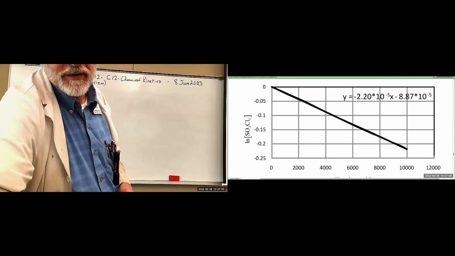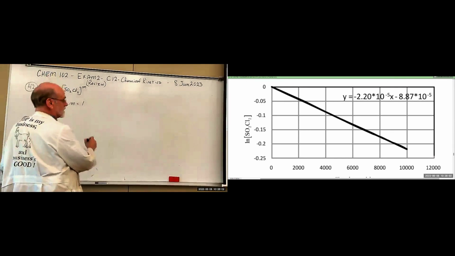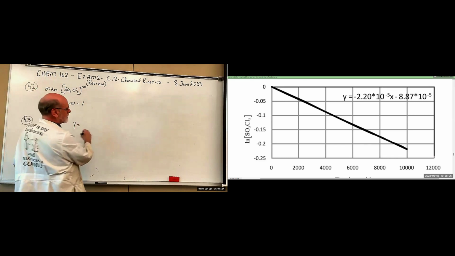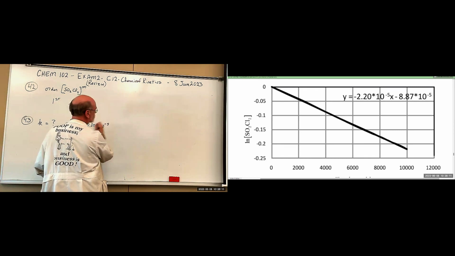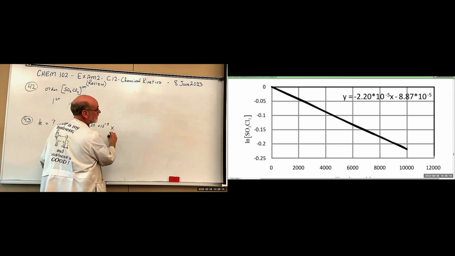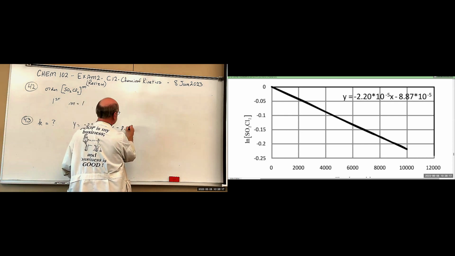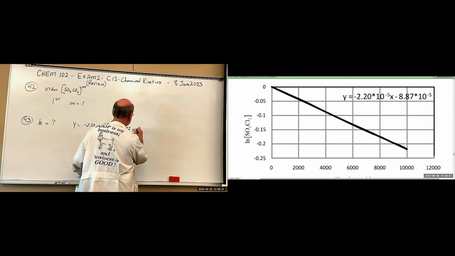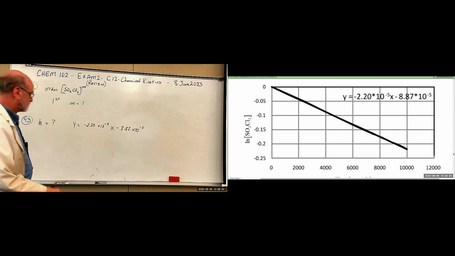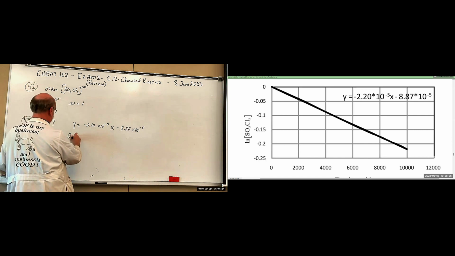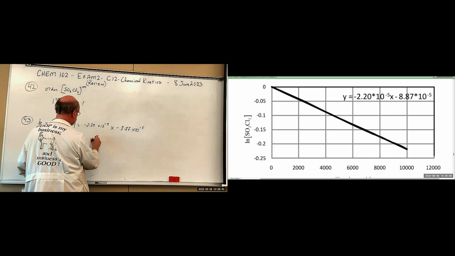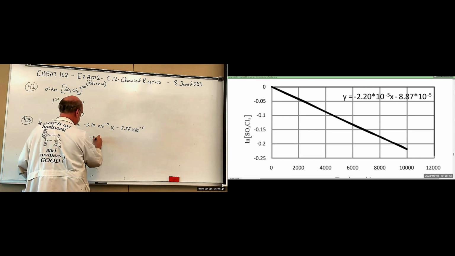Now, if that's a first order reaction, and the equation is y equals minus 2.20 times 10 to the minus fifth x minus 8.87 times 10 to the minus 5. Now that we know it's first order, the equation is actually the log of something, and this is minus kt.